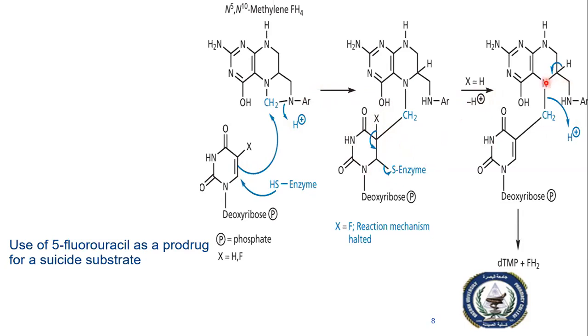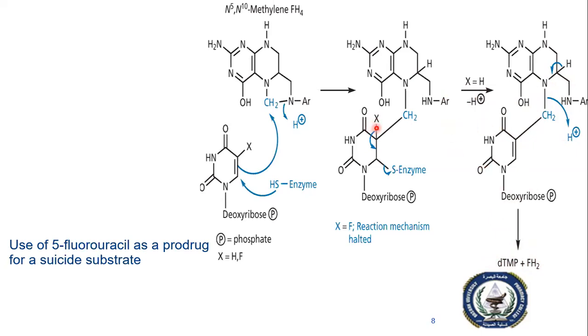Then the nitrogen will abstract this proton and form the dihydrofolate again, and this will add a methyl to the deoxyuridylate monophosphate to form deoxythymidine monophosphate plus dihydrofolate. This is in the case of the normal uracil.